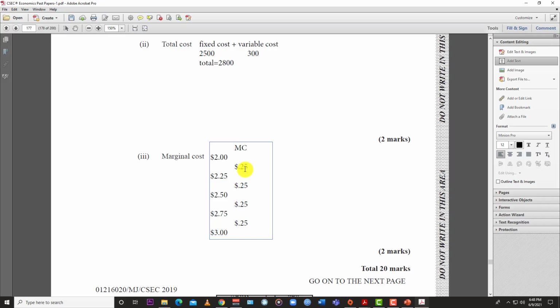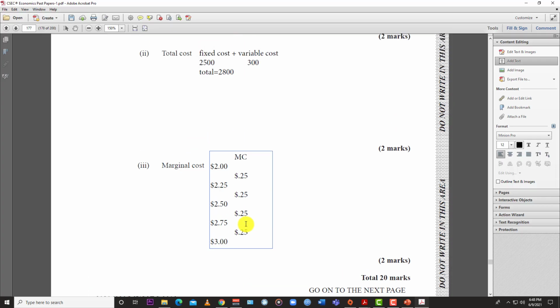So the marginal cost is 25 cents. And you can see the pattern emerging right there. So they move from here, the change from here to there is 25, put it there. Change from here to there, same 25, put it there. Change from here to there, the same 25, put it there. Change from here to there, the same 25. Remember, you divide it by 1, but they don't divide it by the change in quantity, but it's just by 1. So you get the 25 still.